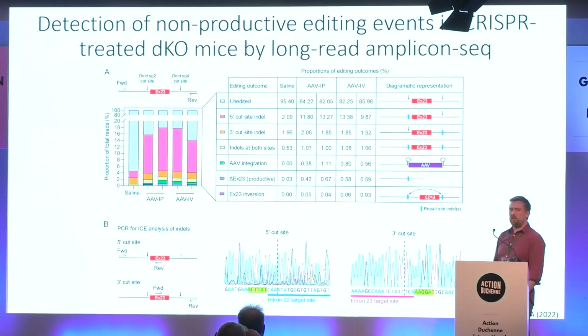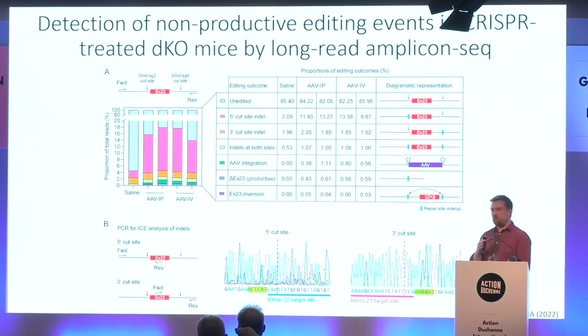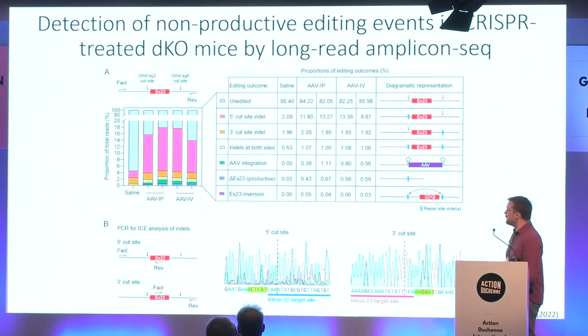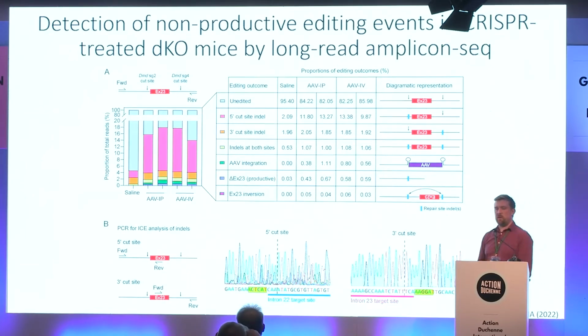And we performed long-read sequencing of the edit sites to try and detect what was going on. And we detected all kinds of things that would be undesirable. So a very common occurrence was asymmetric indel formation, where the CRISPR machinery cut at one site but not at the other. And then as a result, the target site was disrupted, so it could not be recut again.